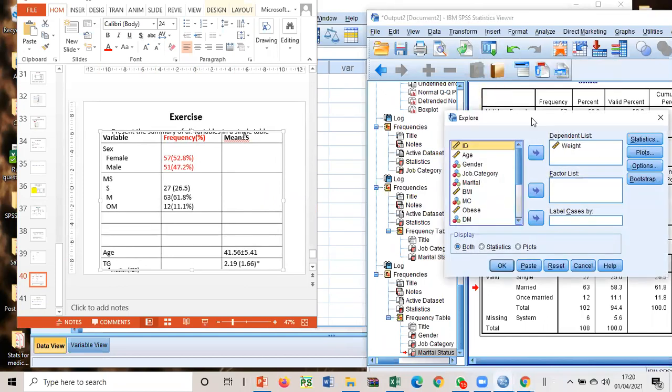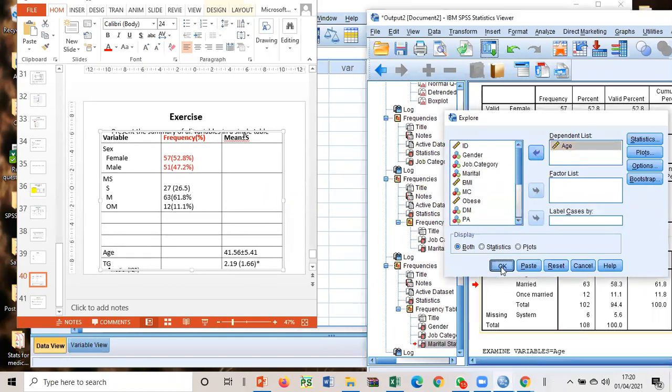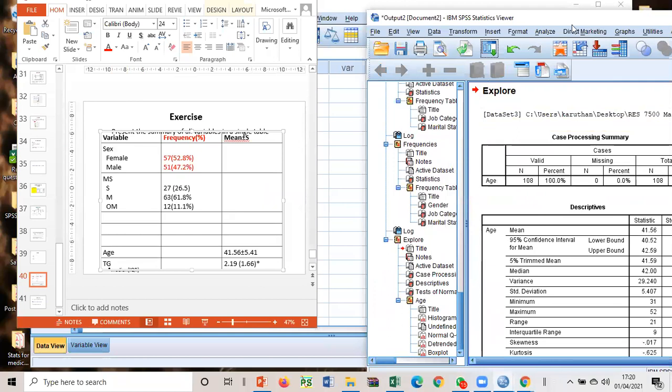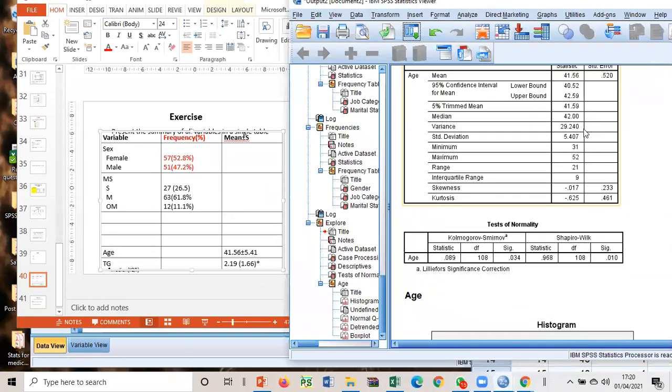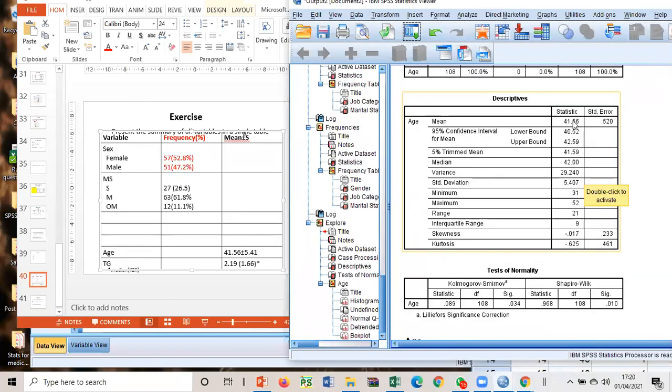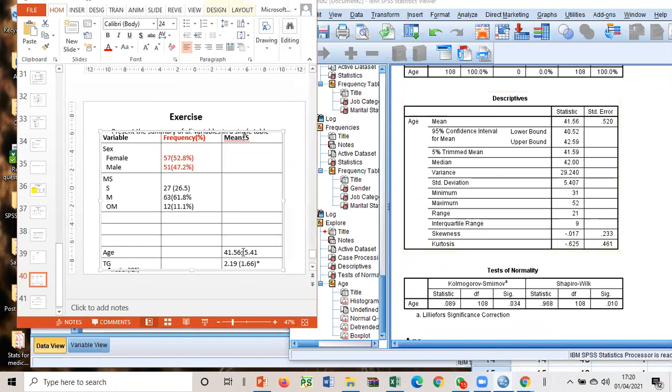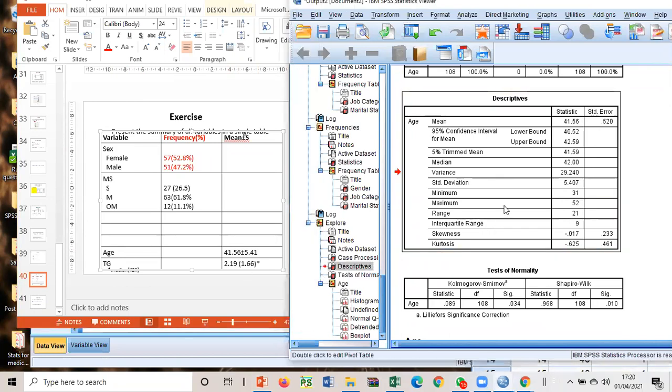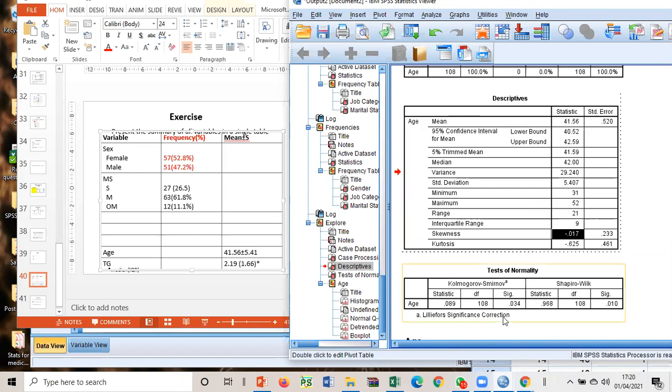I'm going to explore the age variable because it is quantitative. This will be mean 41.56 plus or minus 5.41. The value may be slightly different, doesn't matter. Here we use mean and standard deviation because the data is symmetrical, isn't it?